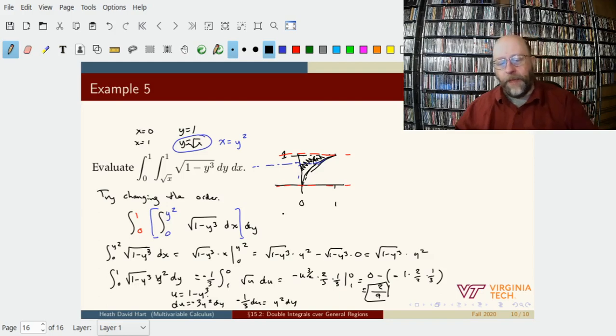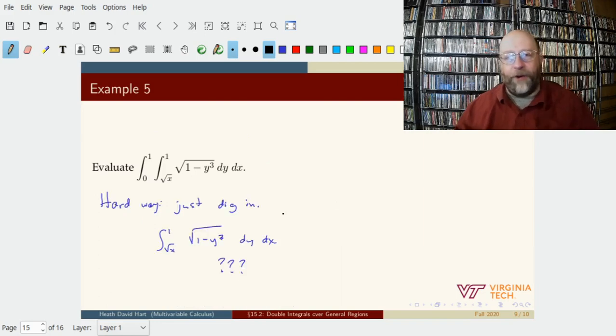And that's the takeaway I want you to focus on while you're working on these WebAssign problems for this section: think about which order is advantageous for you when solving a problem. And if it's not in the order that's best for you, how do you switch the order so that it is better? Being able to be flexible about changing the order avoids you ever having to get stuck in this kind of situation.